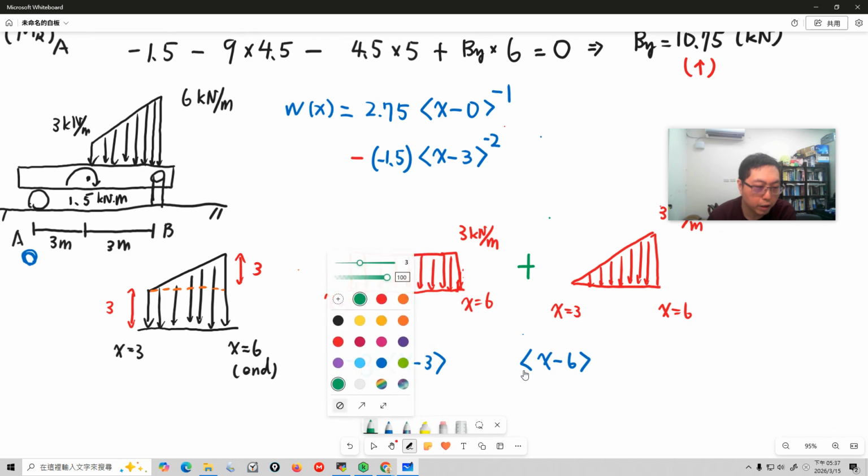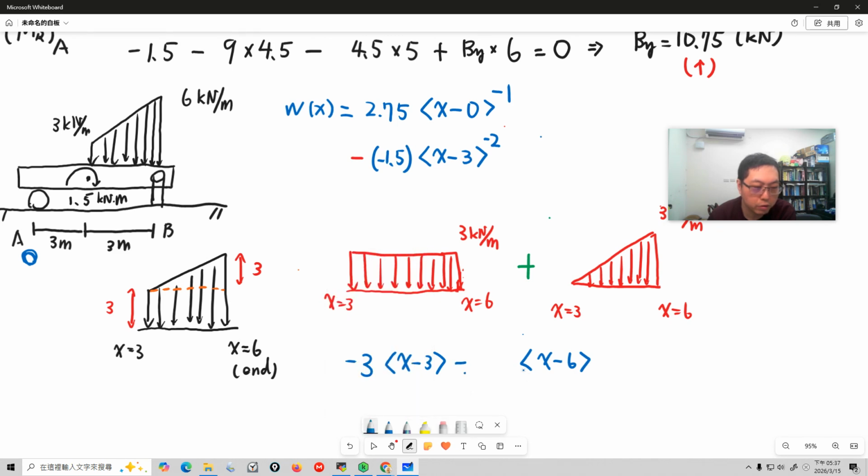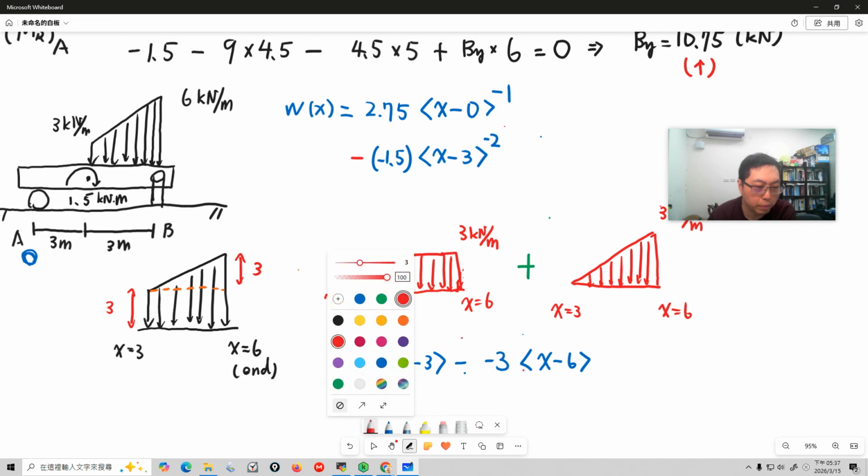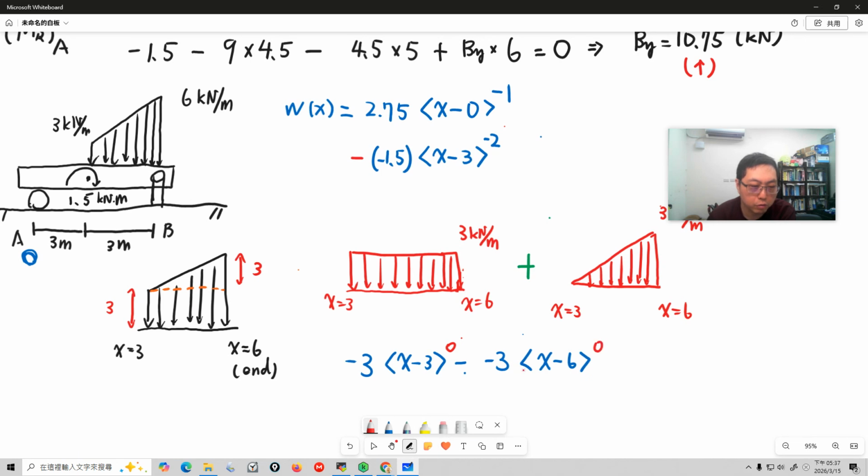Let me write it down. Sorry, this is minus 3 here. For the uniform distributed load, the power is 0. So the complete description for this distributed load is minus 3 bracket x minus 3 to the power 0, minus 3 bracket x minus 6 to the power 0.